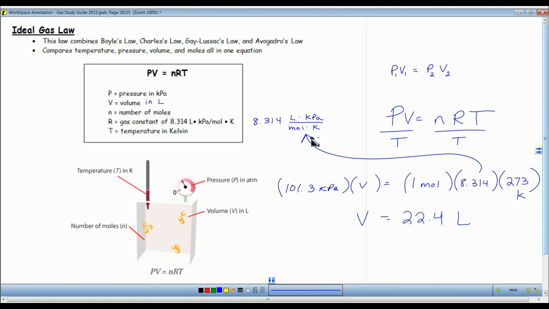So this is the volume of 1 mole at STP. Standard temperature is 273 Kelvin, and standard pressure is 101.3 kilopascal. It's like all these little gas laws are hiding inside of this PV equals nRT, this ideal gas law. It's fabulous. Now, for the most part, it's plug and chug.